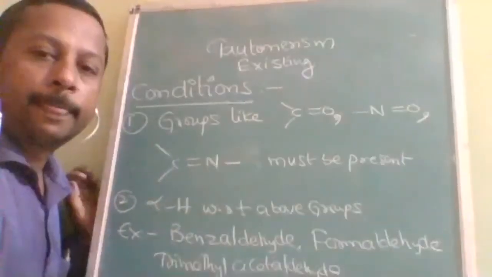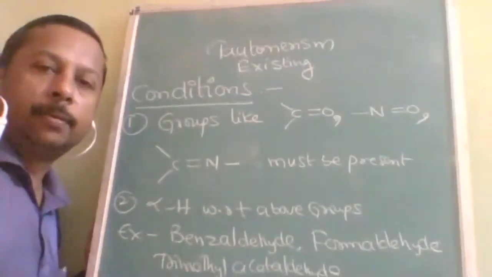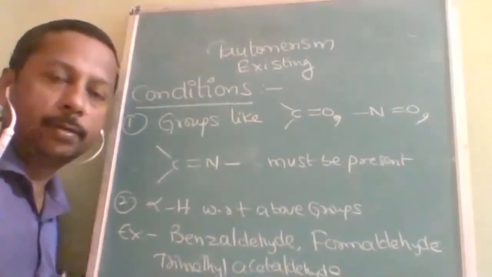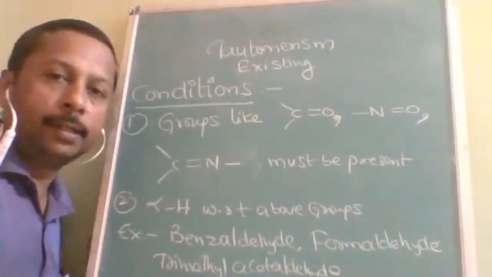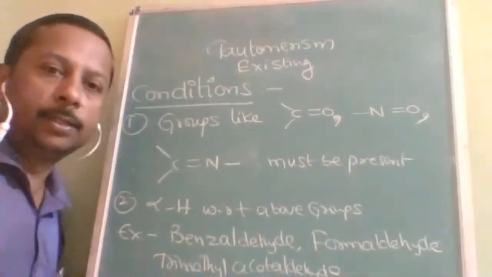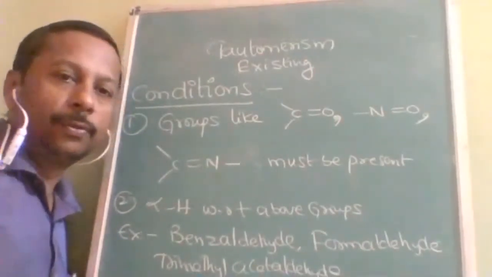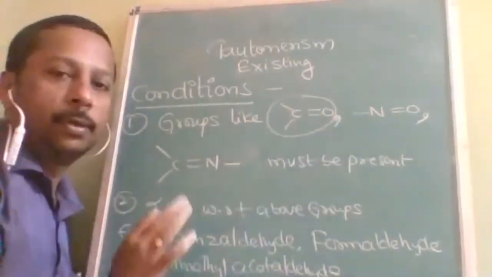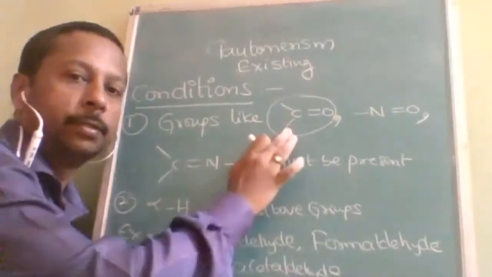Now we are going to study when tautomerism exists, the conditions for the existence of tautomerism. For tautomerism to exist, the most used example is this one, but it does not mean that it exists only in this one.